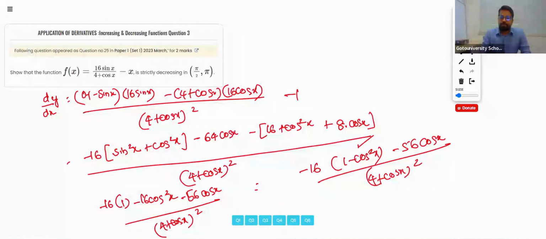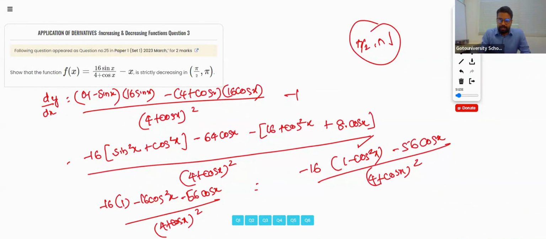So this will be again a positive value. So minus 16 into this is negative. And what is cos x? Between pi by 2 to pi, cos is negative. Am I right? Yes. Pi by 2 to pi, cos is negative for sure.